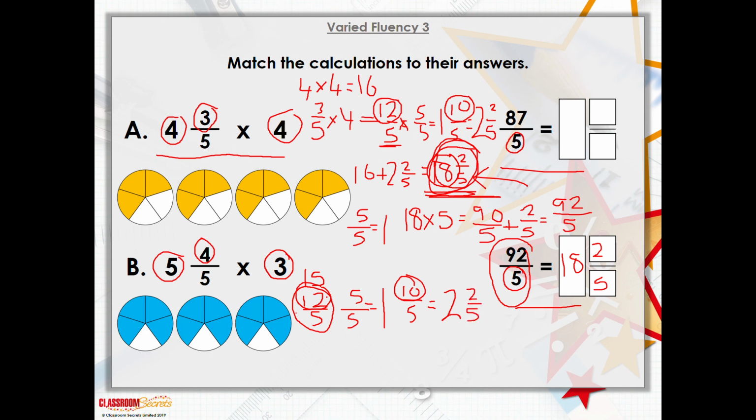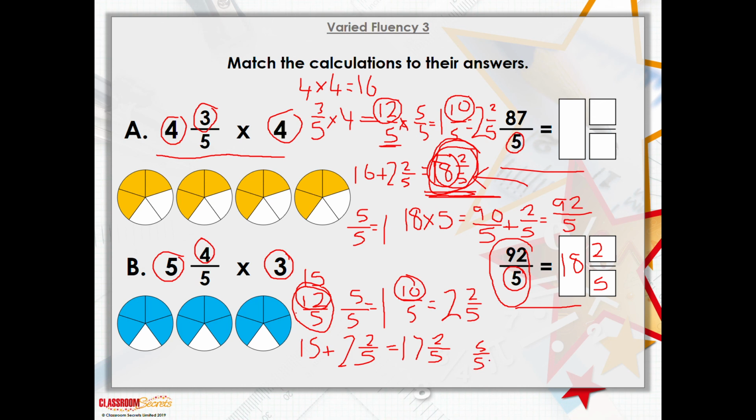Now I just need to add 15, add 2 and 2/5. I do apologize, I missed the whole number out, which would be really important and really silly, equals 17 and 2/5.